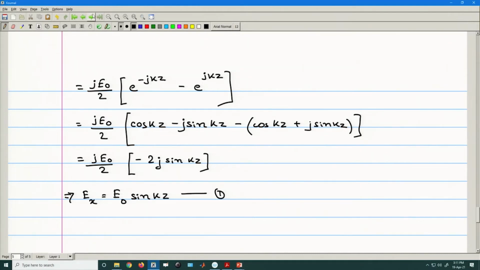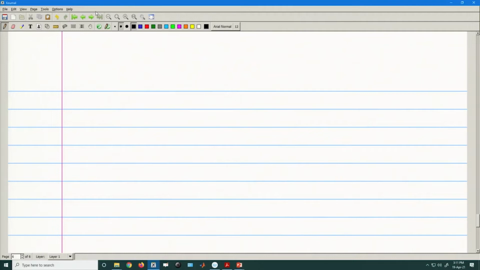Now, similarly, we will calculate Hy. To start with, we can write Hy as j E naught by 2 eta e to the power minus jkz plus j E naught by 2 eta e to the power jkz.